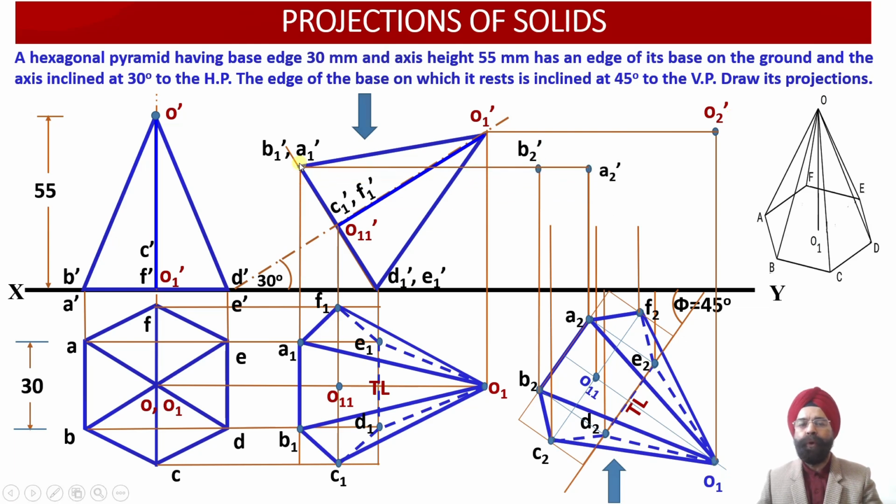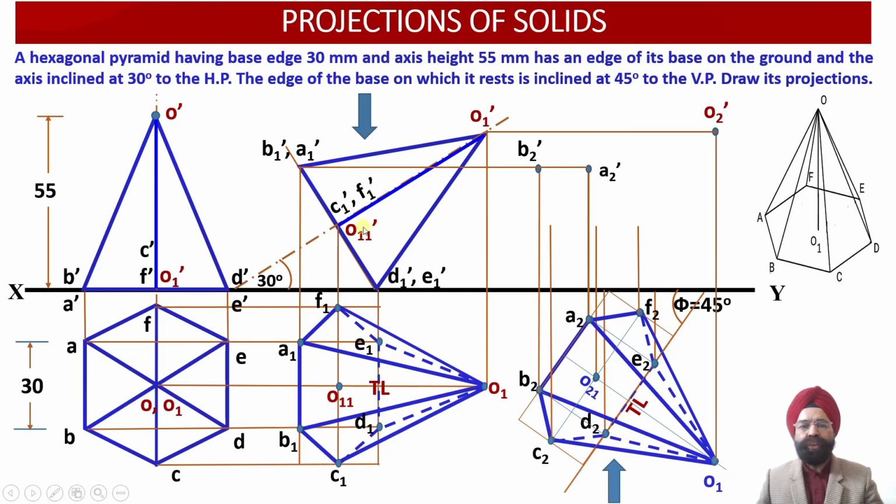The next 2 points available are B1 dash and A1 dash. Through B1 dash and A1 dash, we have drawn a horizontal projector line. Wherever this horizontal projector line is intersected by the vertical projectors drawn through the points A2 and B2, we obtain A2 dash and B2 dash in the elevation projection view.